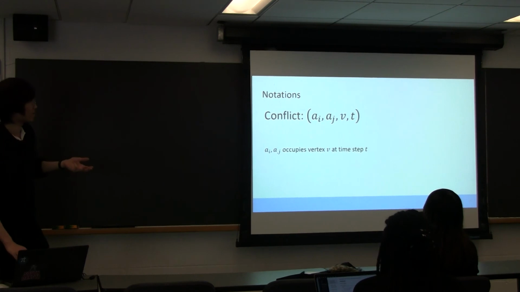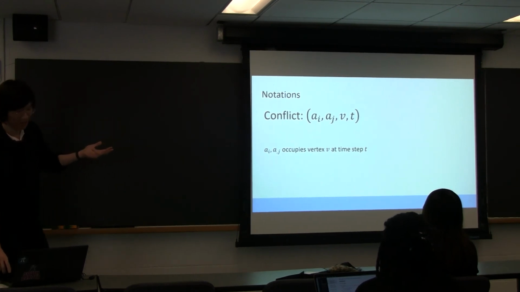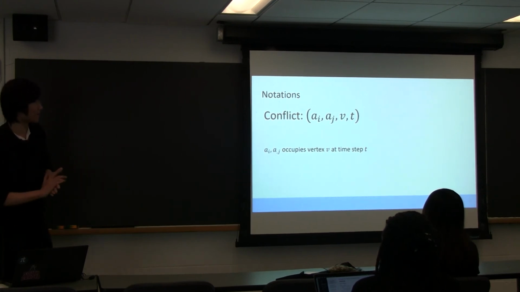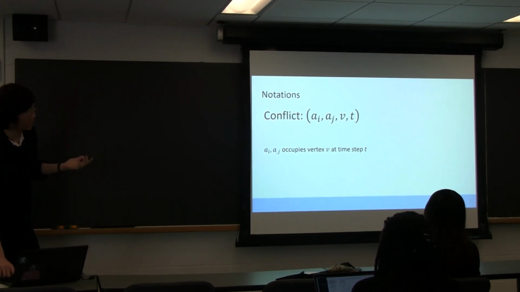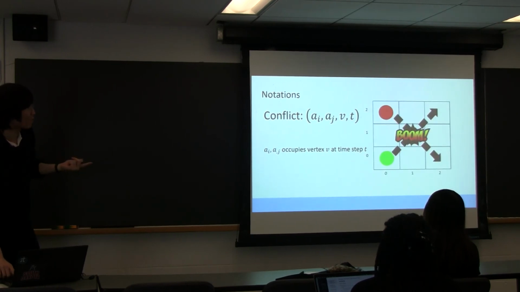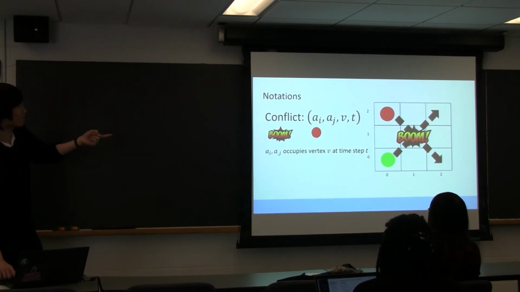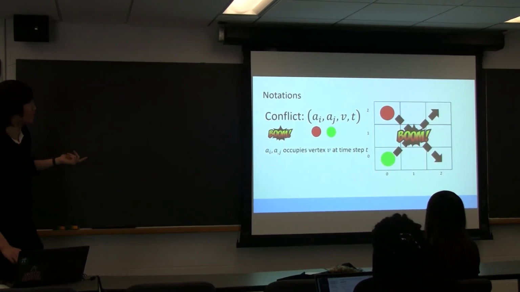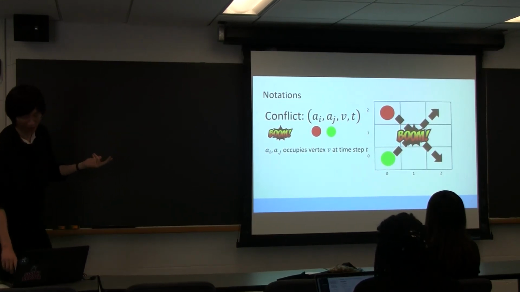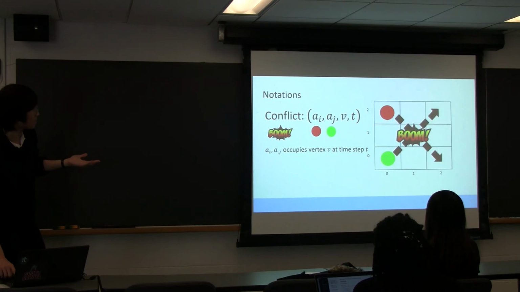So if we define a conflict as: there are two agents, a_i and a_j, that occupy vertex v at time step t. Put into the context of our 9-grid problem, where we have a boom over there, the conflict will be a boom again, and a_i will be the red circle and a_j will probably be the green circle, and you can interchange them in this case.